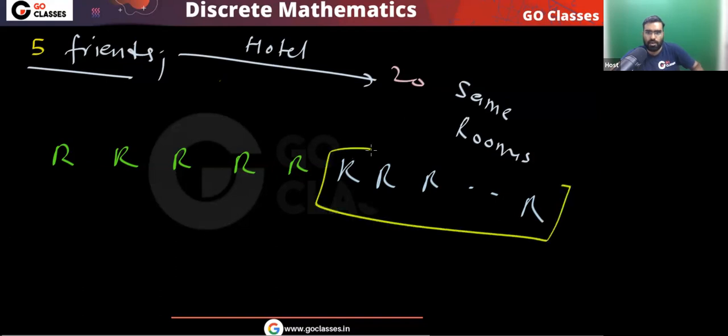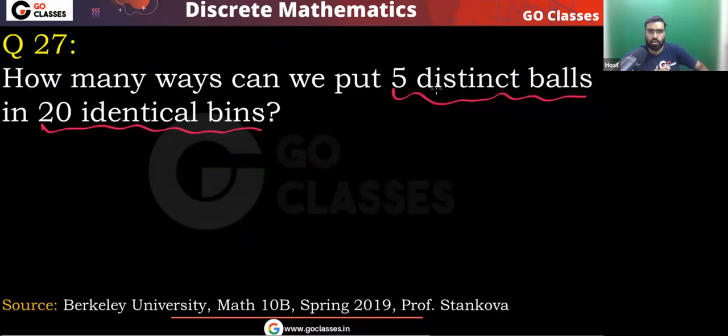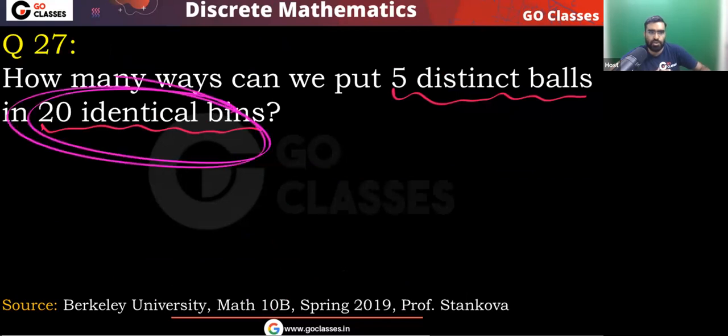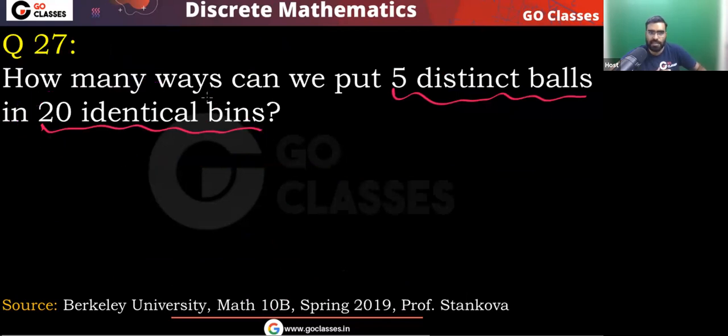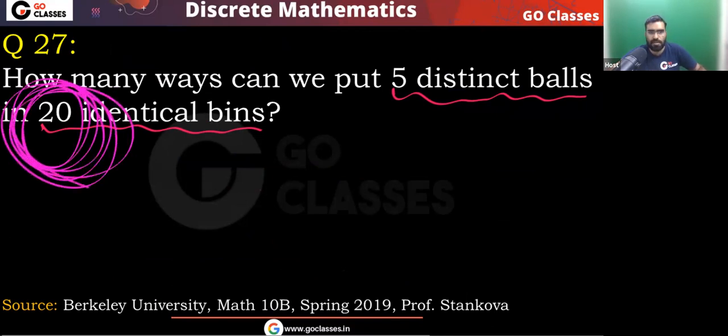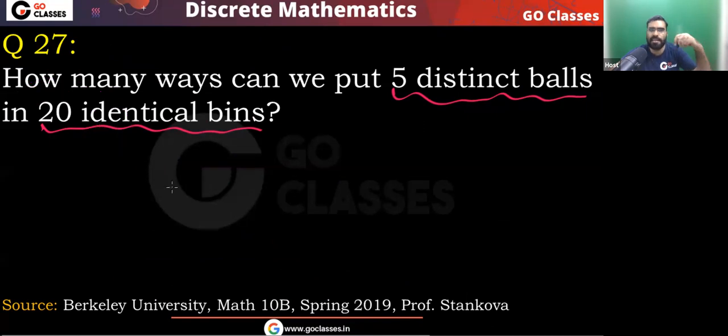This trick is interesting or not? Some students will definitely make a mistake, because they will be thinking, oh, 20 rooms is given, so I should use this data. Some data is given in the question, so definitely I should use it. Agree or not? This is a mentality.